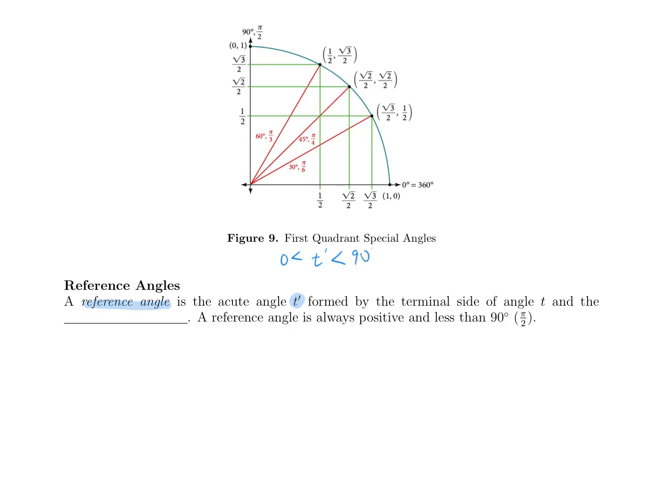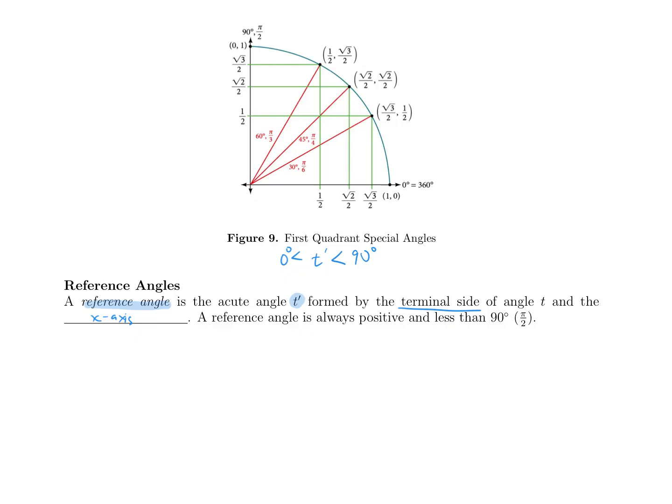That's what it means to be acute. The angle must be between 0 and 90 degrees, formed by the terminal side of the angle t and the x-axis is what I meant to say. So it's the angle formed by the terminal side of the angle and the x-axis. That's how you determine what the reference angle is.